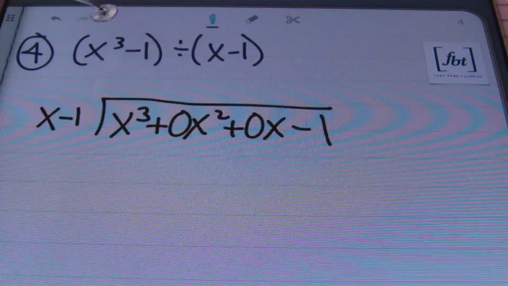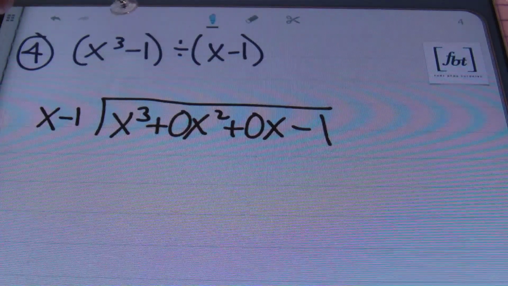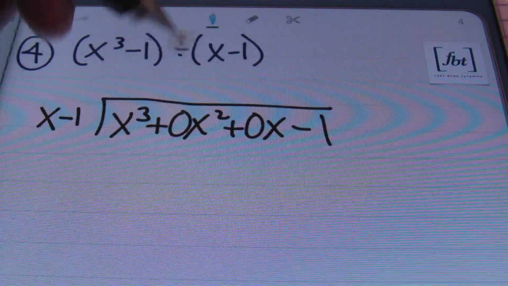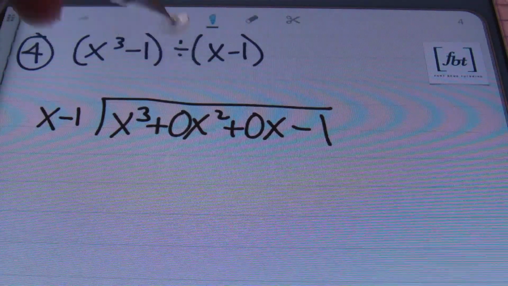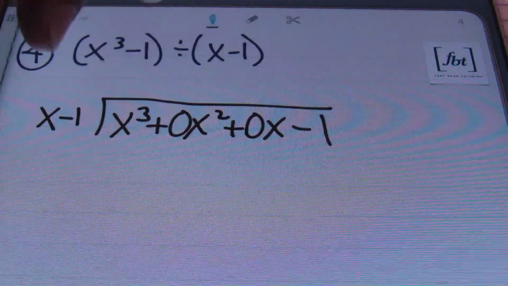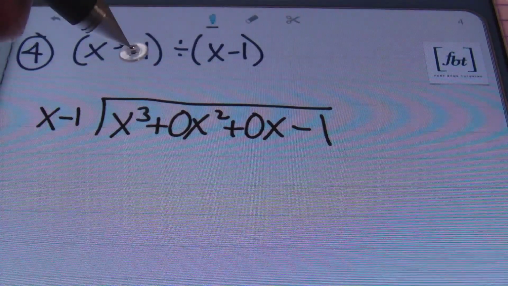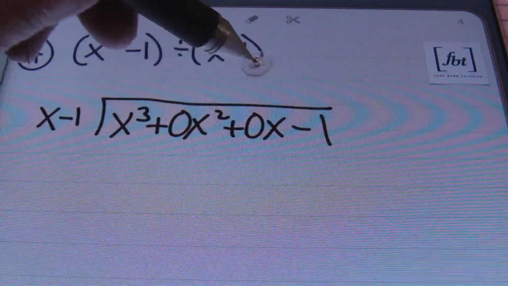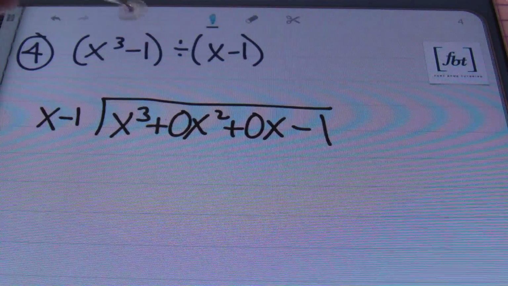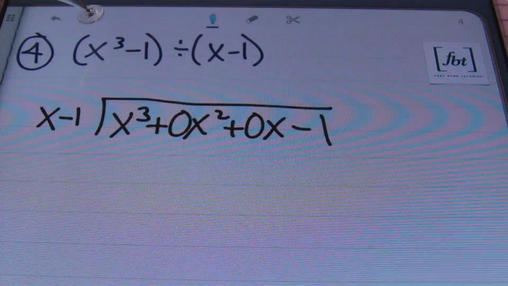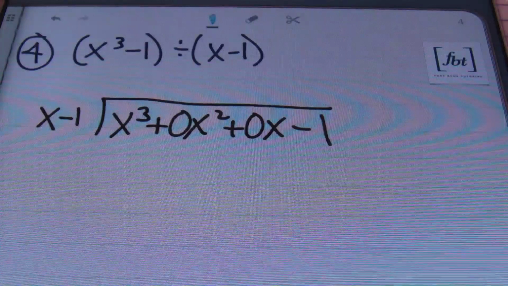Notice that in the original problem, I didn't have an x squared term, nor did I have an x to the first power term. So what I'm using in this problem are placeholders so that I can organize my terms as I distribute. So the placeholders that I have are 0x squared and 0x for those two missing terms that I did not have in my original problem. You'll see how that will be beneficial very shortly.